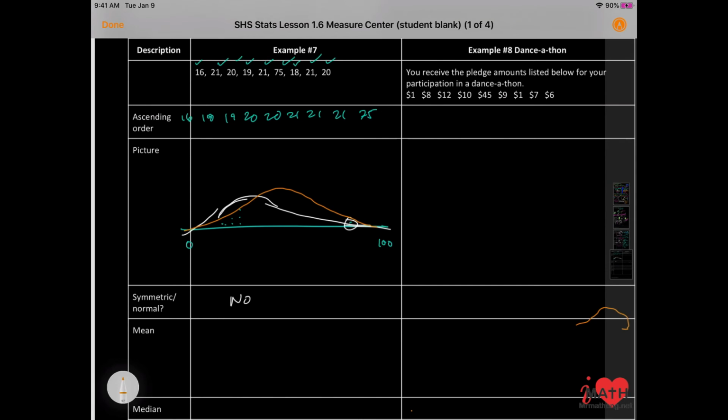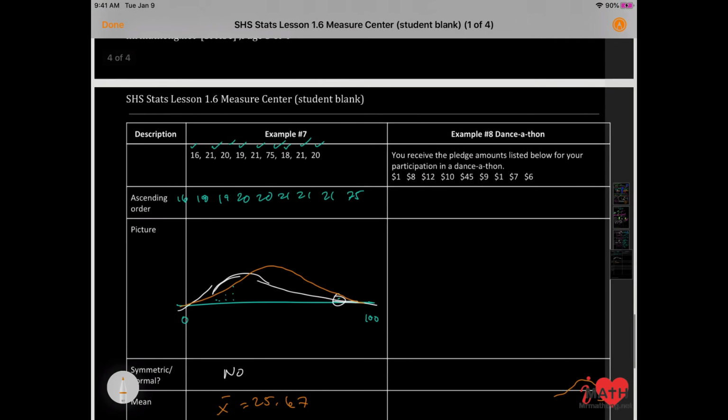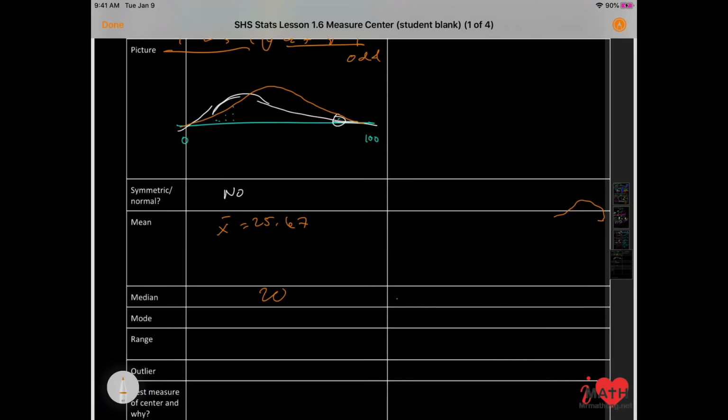Boom. X bar, 25.67. Median, let's see, 1, 2, 3, 4, 5, 6, 7, 8, 9 numbers in the list. That is odd. So I'm just going to pick a number in the middle, 4 to the right, 4 to the left. So 20 is my median here.